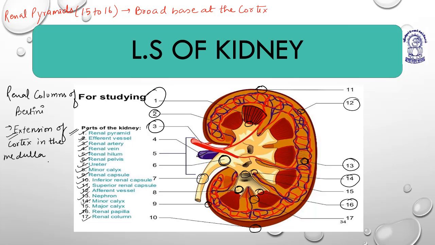The extension of the cortex in the medullary region makes the renal column of Bertini. The medullary pyramids are connected with minor calyxes.